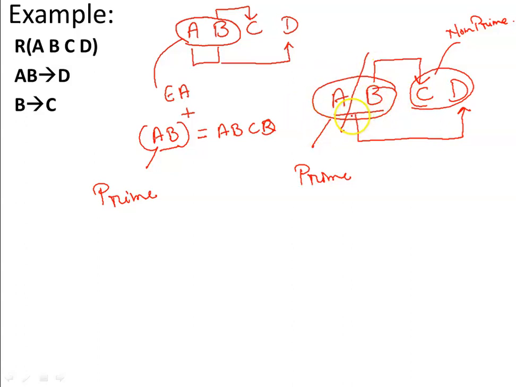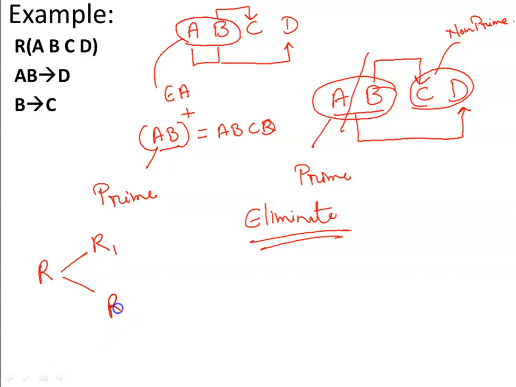If such dependencies are there, then you are supposed to eliminate the partial dependencies. So how do we eliminate this partial dependency? We know that AB is the candidate key. So from this relation R, we get two new relations, R1 and R2.